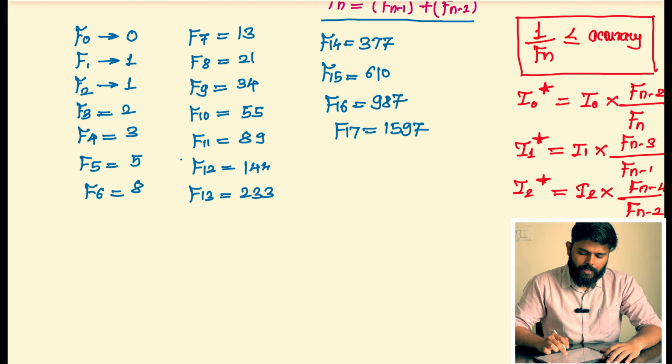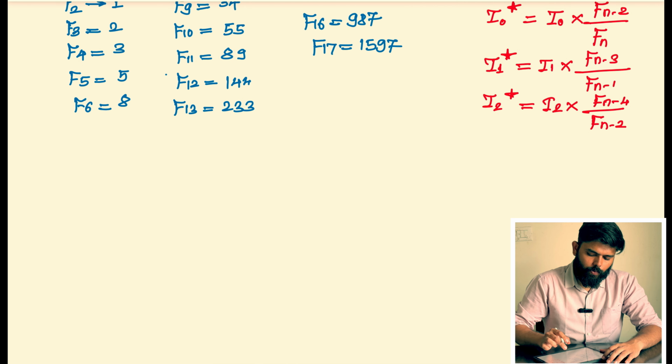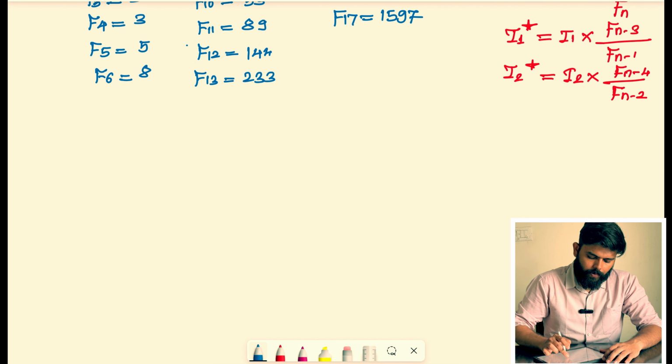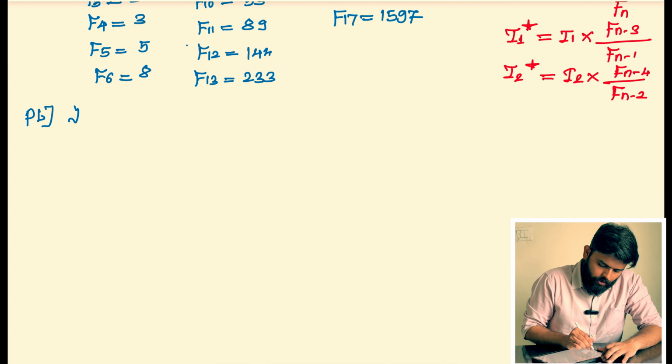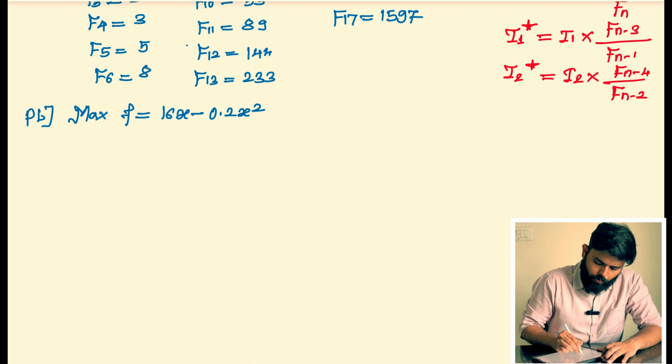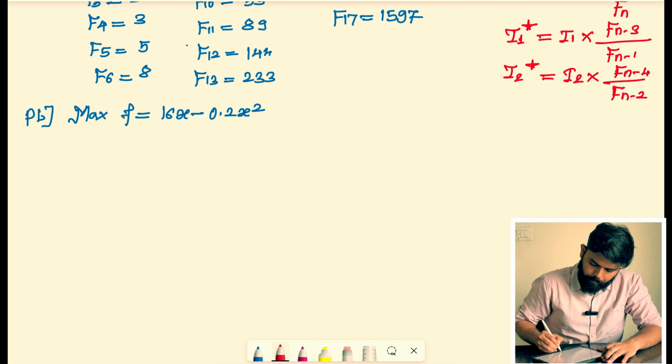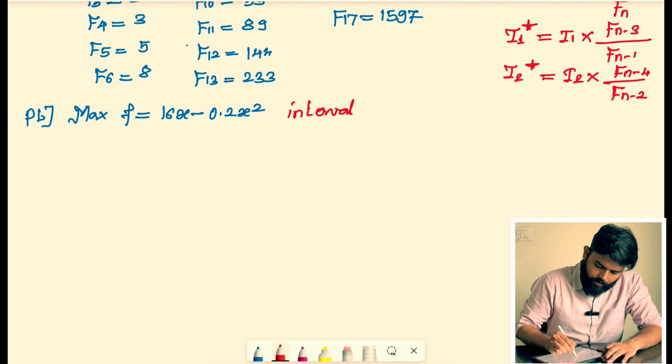Okay, so let us understand these particular formulas and the Fibonacci series with the help of a numerical. The numerical is of maximization. So we are supposed to maximize a function, and the function is given by f equals 16x minus 0.2x square within the interval 0 to 100.